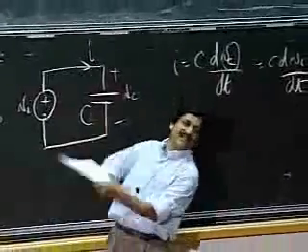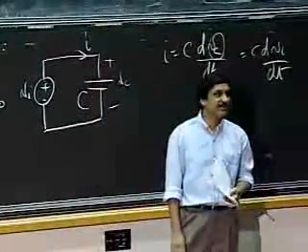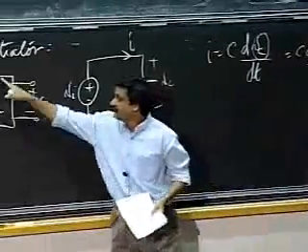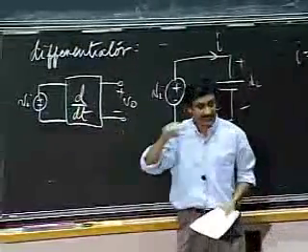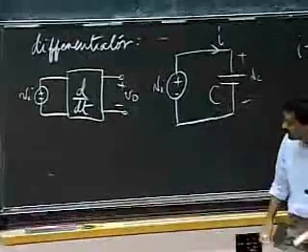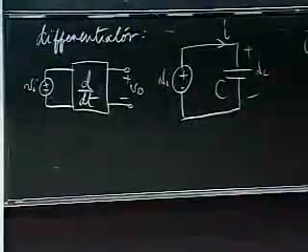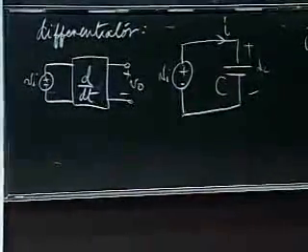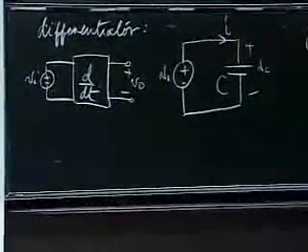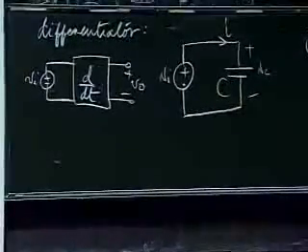Now what I need to do is somehow convert that current into a voltage, because the abstraction that I need is voltage to voltage. So how do I go about doing that?